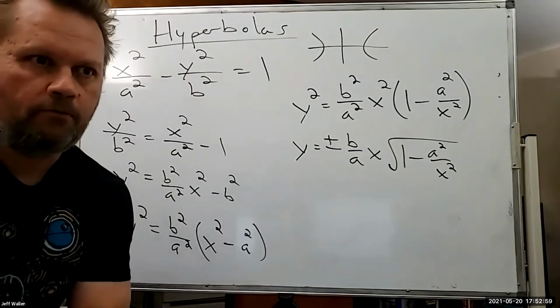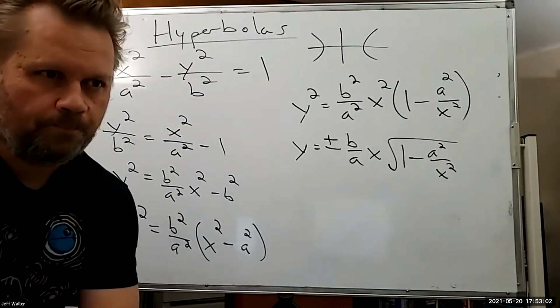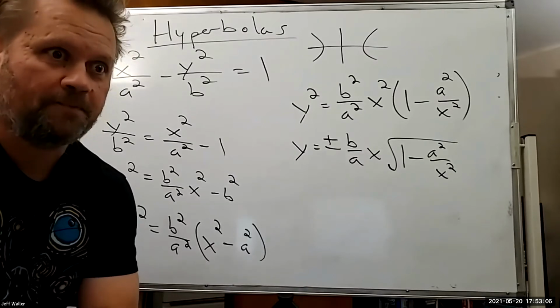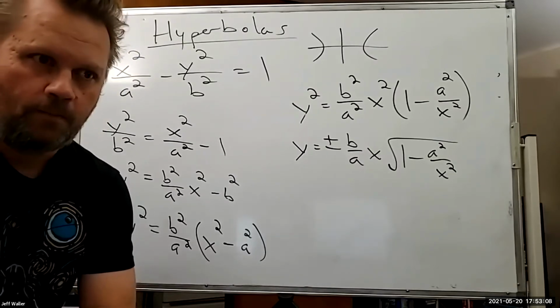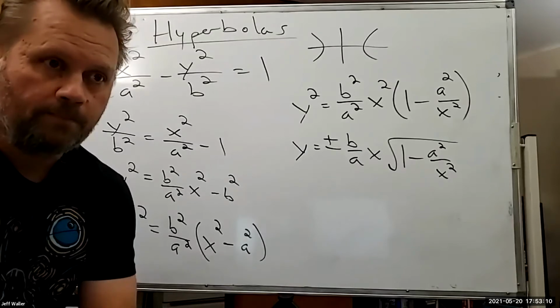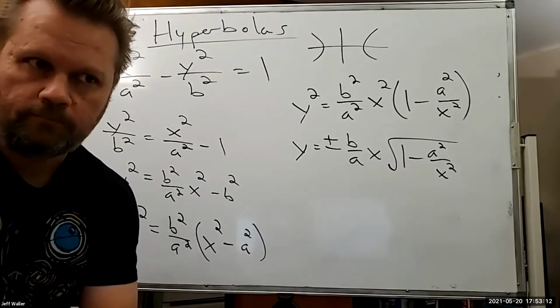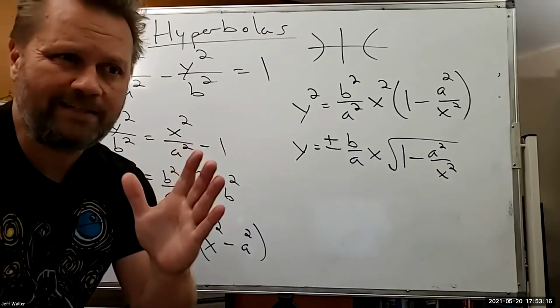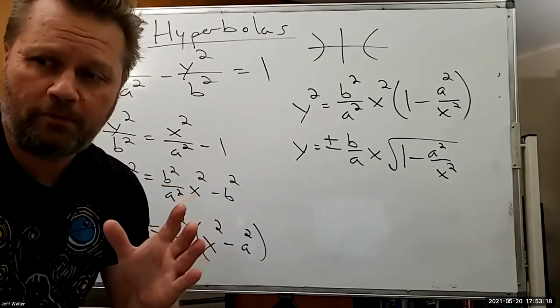All right, somebody remind me. Horizontal asymptotes. Where do they come from? Do you guys remember horizontal asymptotes?